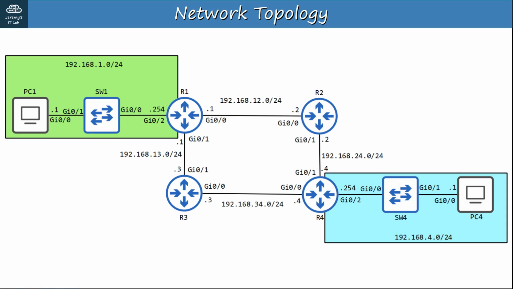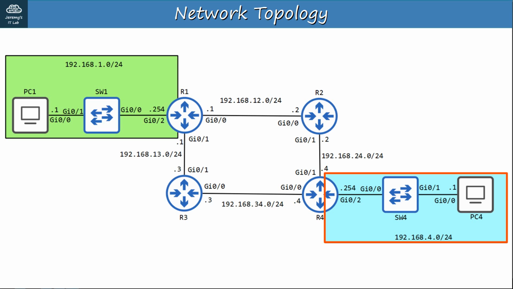Here's the network topology we'll be using in this video. Let me give you a quick run-through of the topology. There are two LANs I've illustrated here. This one, connected to R1, is the 192.168.1.0/24 network. PC1 has an IP address of 192.168.1.1, and R1 has an IP address of 192.168.1.254 on its G0/2 interface.